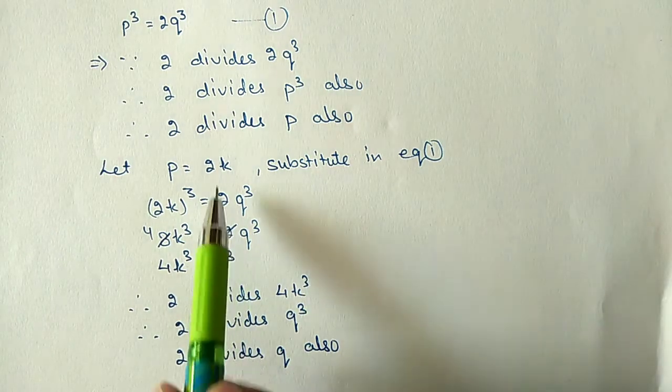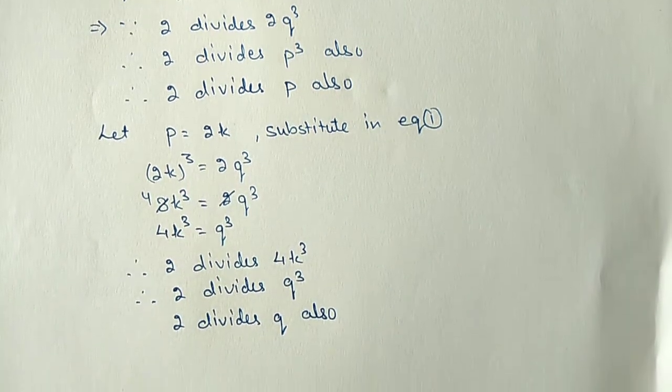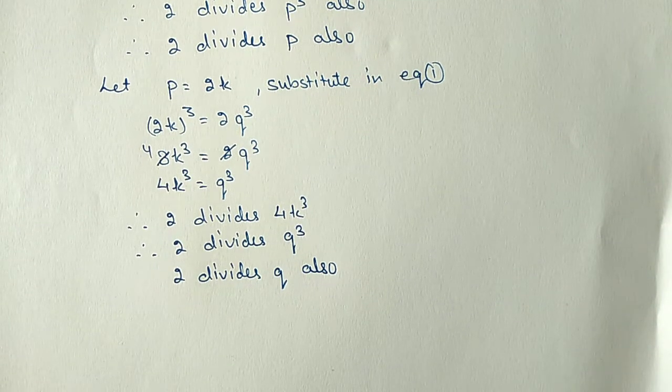So from first we got 2 divides p, and from second one we got 2 divides q. So it means 2 is the common factor between p and q, but first we have taken there is no common factor between p and q. So both the conditions are different. So because both the conditions are different, it means this cube root of 2 is not a rational number, it will be an irrational number.